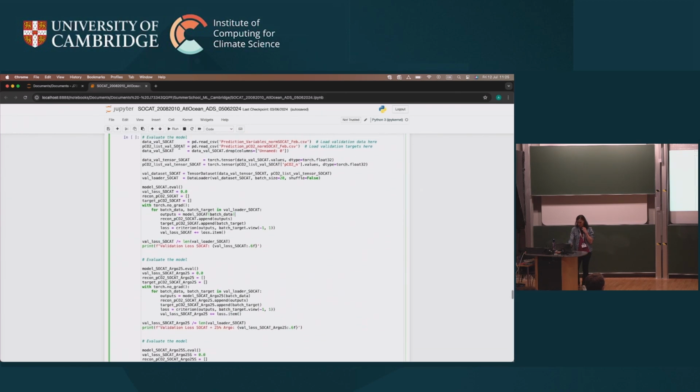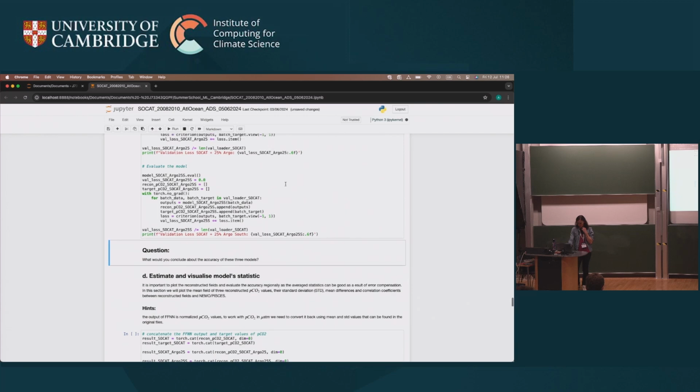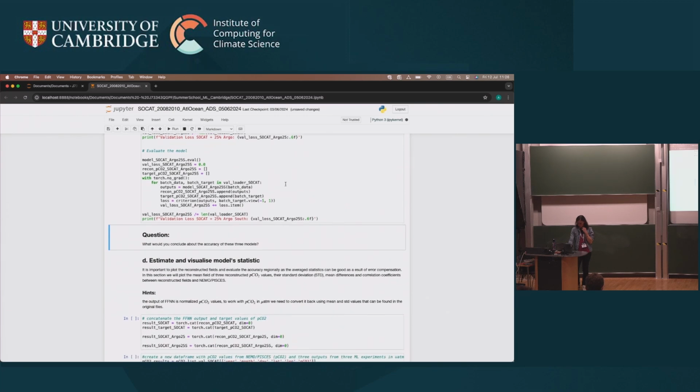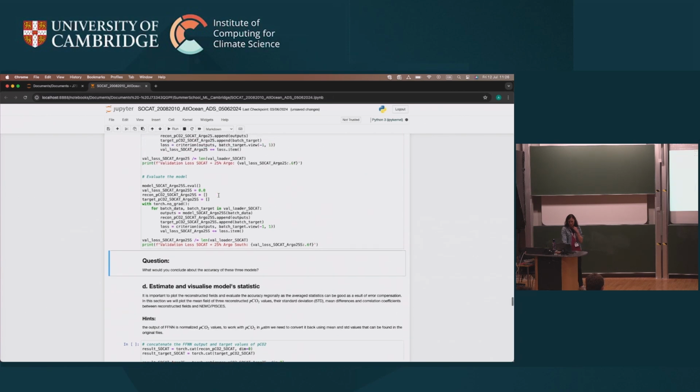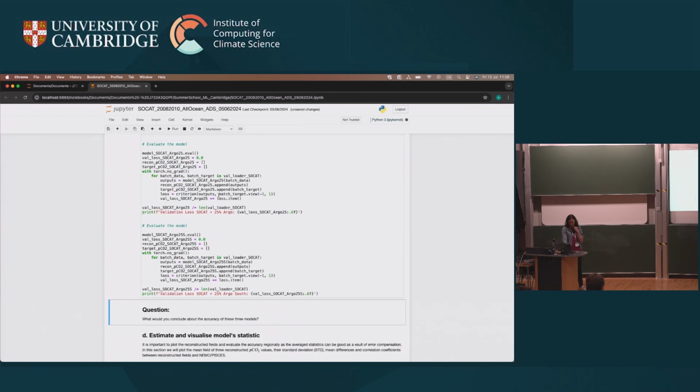So we'll download this data, and then this cell will print the validation loss value for three data sets.